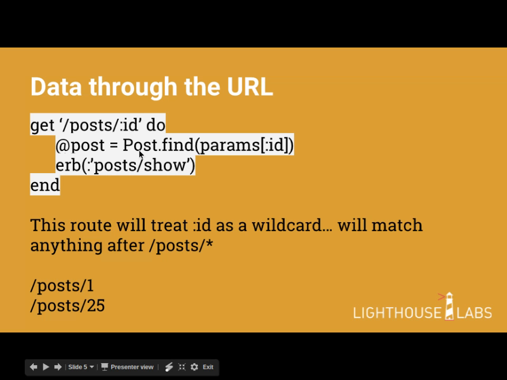So whatever has been assigned here could be 1, it could be 0, it could be 1,326,000 or something like that. It doesn't matter. Whatever you put there is going to be stored in this hash, and you retrieve that value by referencing it with the id symbol. In this case, we're just looking at one specific post. So we find that one by the id provided in the URL, and then we render the view accordingly, having retrieved that record from the database.